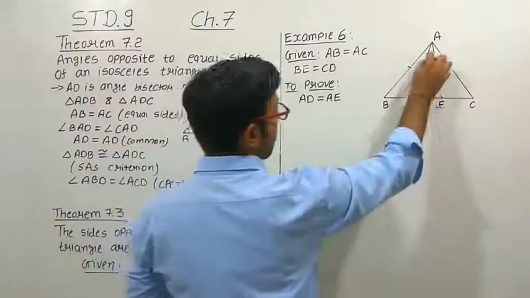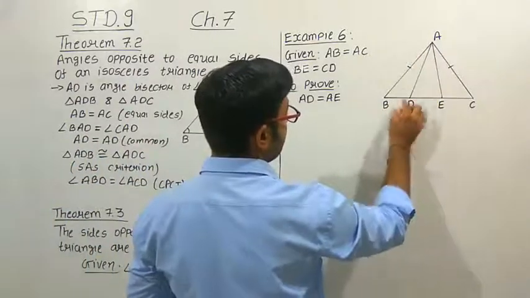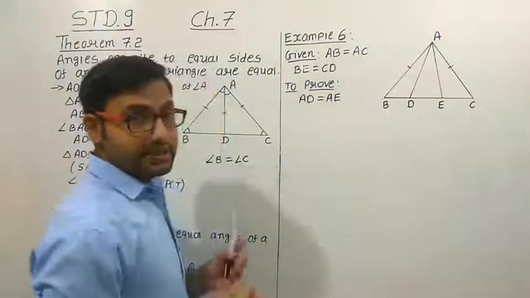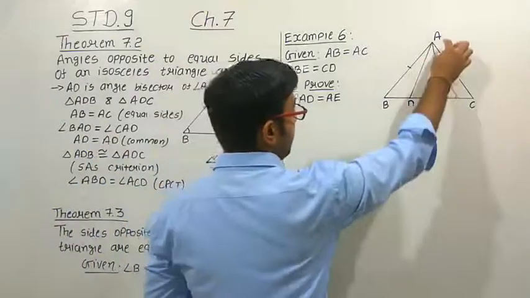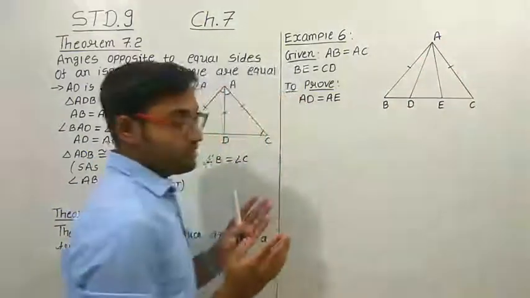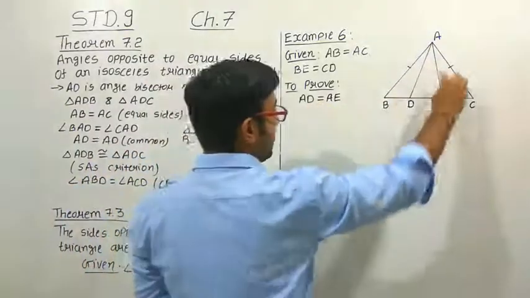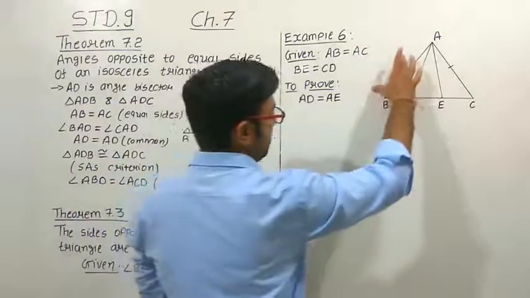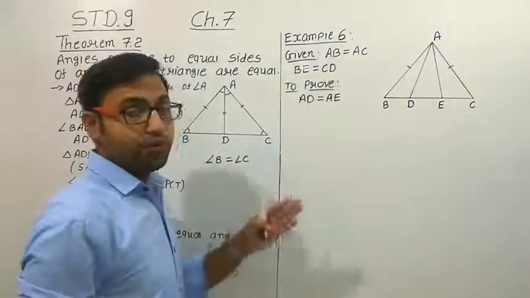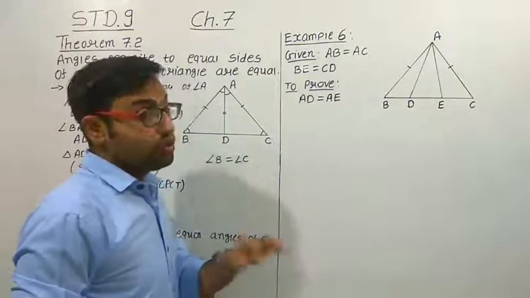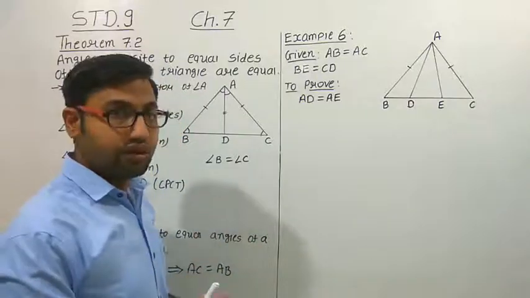If we consider triangle ABD, then we can take this side as one of the conditions, right? If we consider triangles ABD and ACE, then our sides AD and AE are also there, and AB and AC are also there. So we can take one of the conditions to prove that the two triangles are congruent. So in this way you have to think on which triangle you have to work, right?